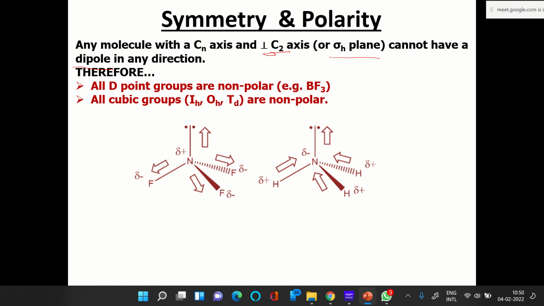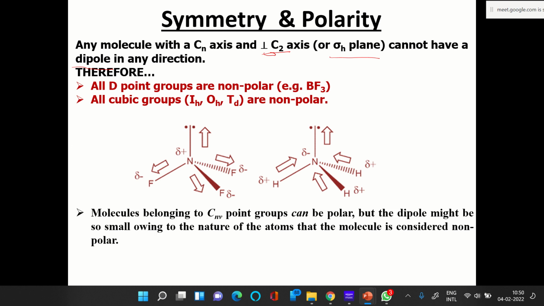If the electronegativity difference is small, then the dipole moment, although predicted by the point group the way we have analyzed, may be less or may not actually be present. That kind of case you can encounter here. If you compare NF3 and NH3, you will find that we are only saying they must be polar.